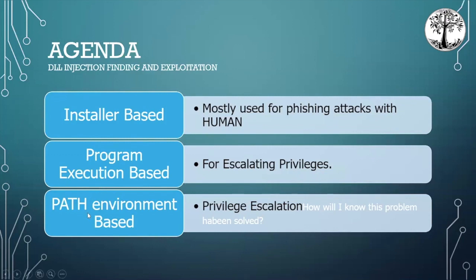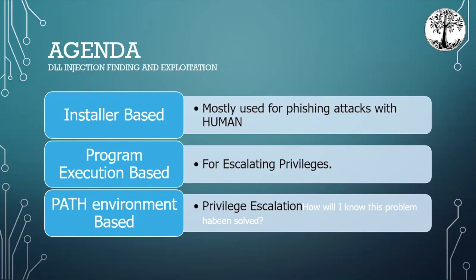So in this case, some DLL is not called from a proper location. The DLL should be called from a specific location, and the full path should be provided there. But sometimes the Windows or a program is not configured properly, so it automatically tries to find a specific DLL from all the paths in the path environment variable. If it finds it somewhere, it tries to execute it.